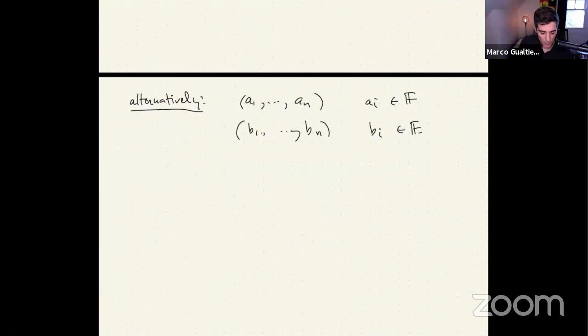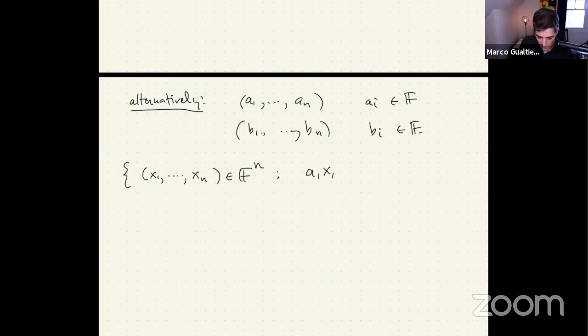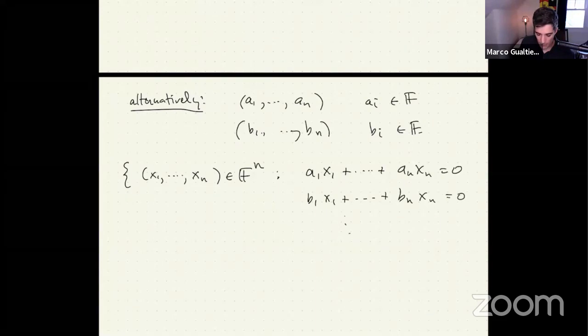And instead, what I could do is look at the set of points x inside the vector space, the set of vectors, such that a1 x1 plus ... plus an xn is equal to 0, and b1 x1 plus ... plus bn xn is equal to 0, and so on.